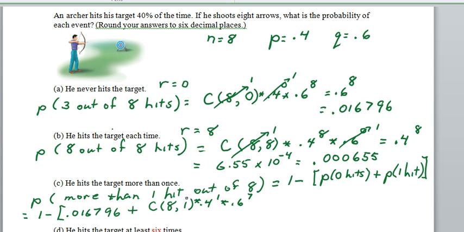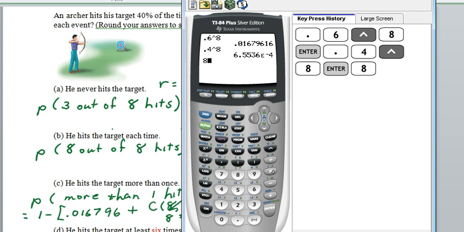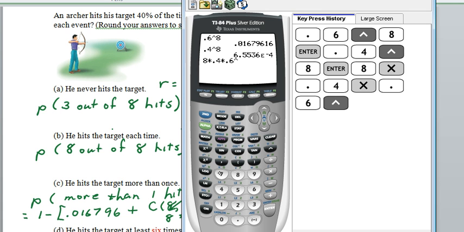In this case, we know that the number of combinations of 8 things taken one at a time is going to be 8. 0.4 to the 1 power is just 0.4, times 0.6 to the 7th. So we're going to have 8 times 0.4 times 0.6 to the 7th power, and that is our second part of the sum.